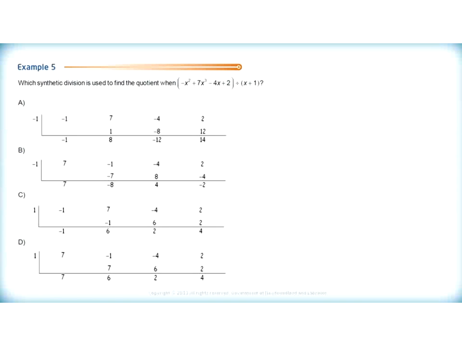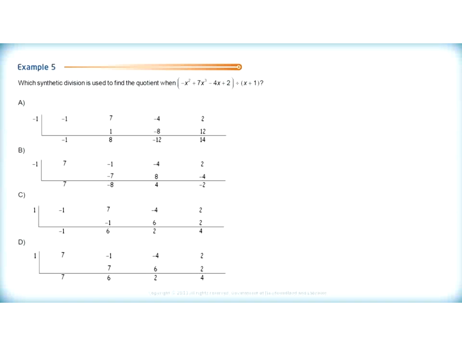In example 5, which synthetic division is used to find the quotient when negative x squared plus 7x cubed minus 4x plus 2 is divided by x plus 1? The first thing you should notice here is that the polynomial is not in descending powers of x.